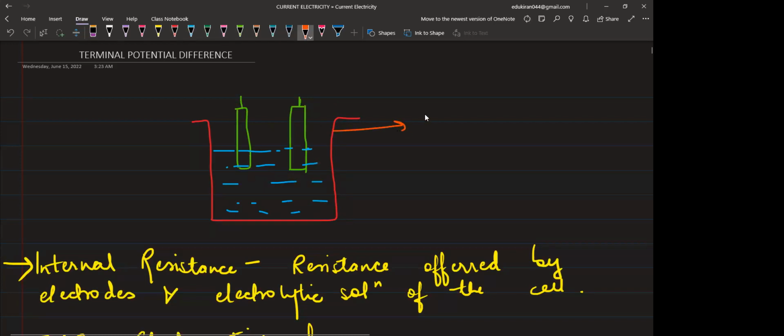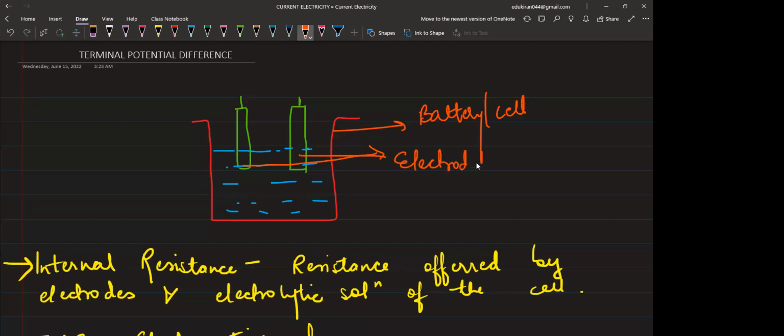So this is a battery, or you can say a cell. These two are the electrodes, and this is the electrolytic solution.